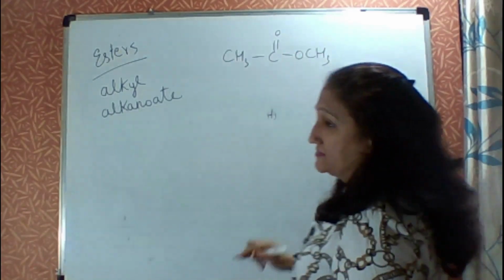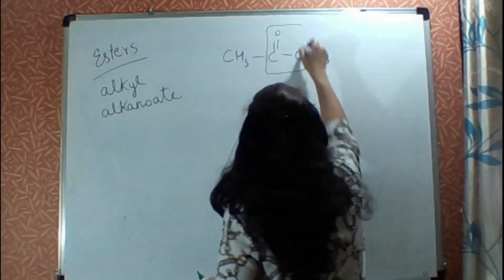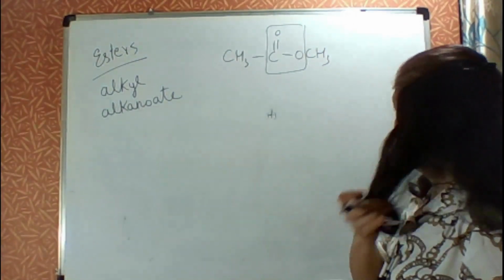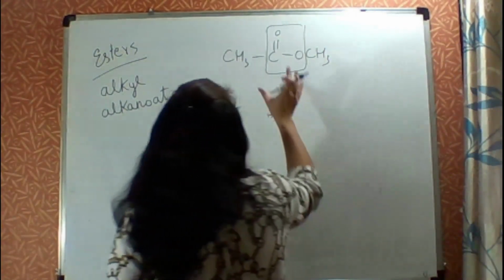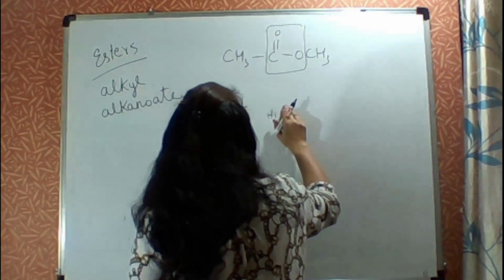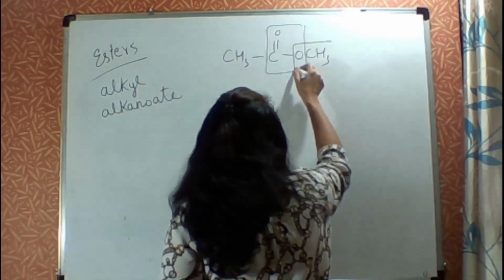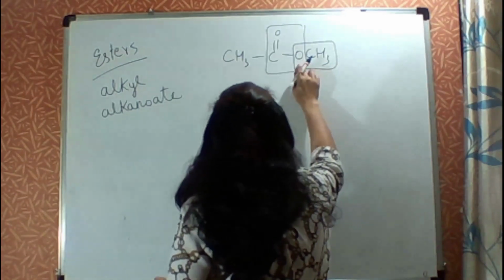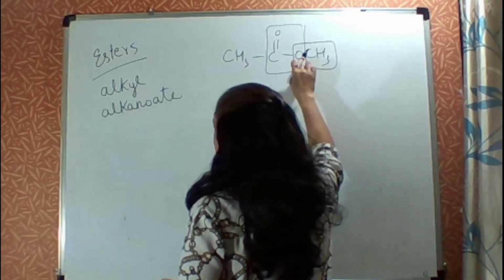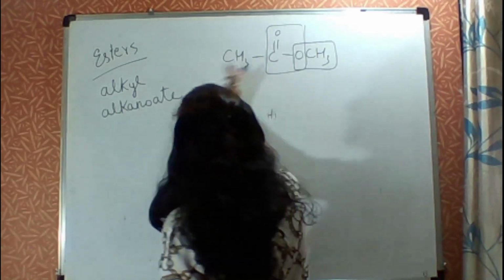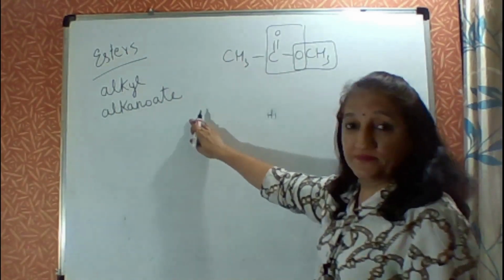COO is the ester group, always remember. You know already. So the name of this compound will become what? Always remember, the one besides oxygen is taken as alkyl, and the rest of the part is taken as alkanoate.